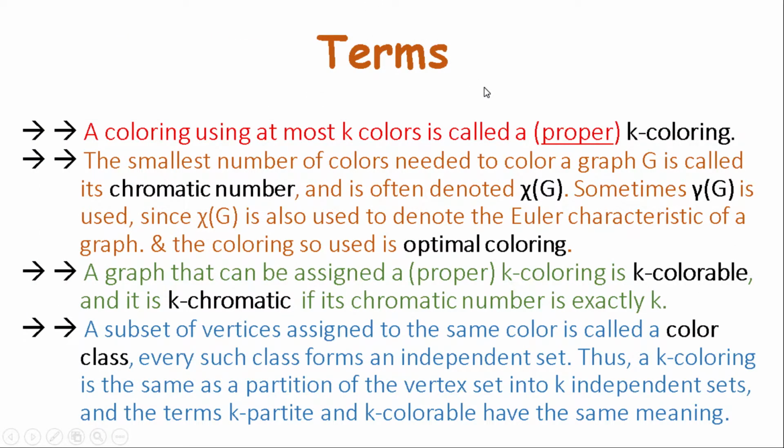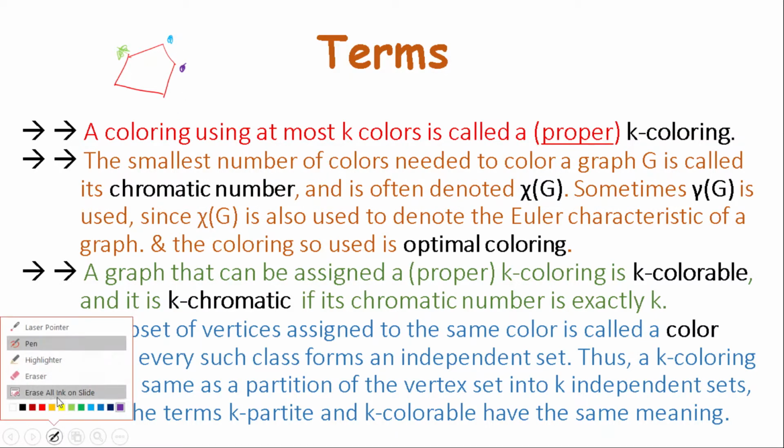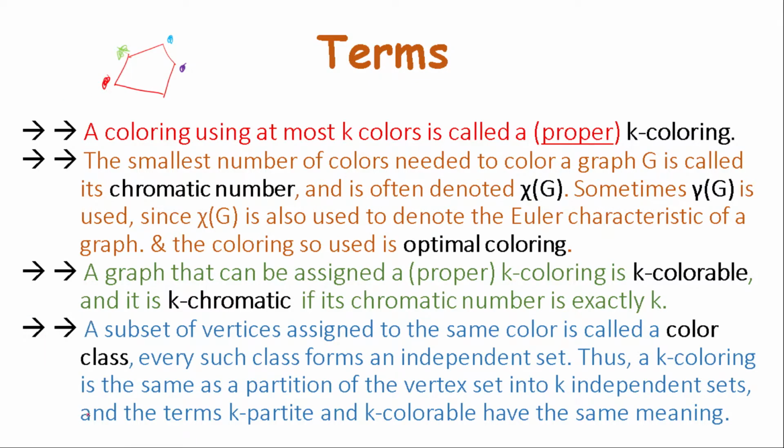There are some terms associated with graph coloring. A coloring which uses at most k colors in the graph is called a proper k coloring. Okay, what I mean is, suppose this is my graph, and suppose I color this with green and this with blue, this with purple, this with red, and finally the last one, let's say black.